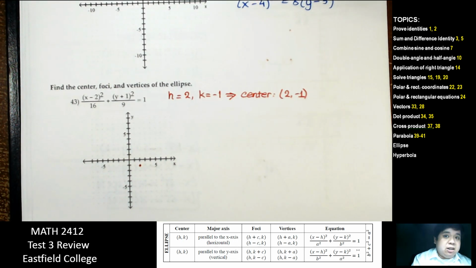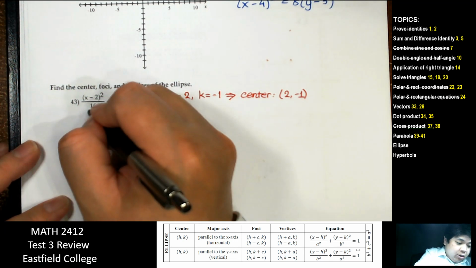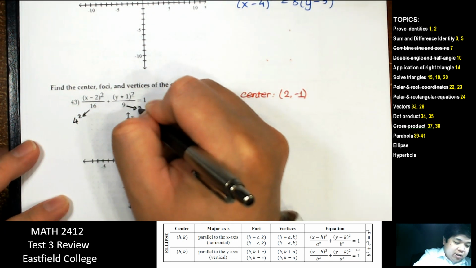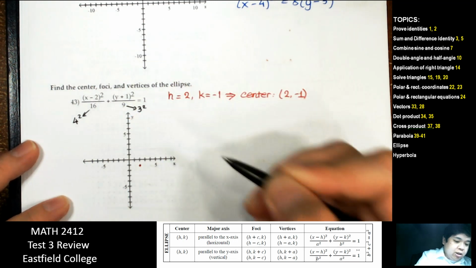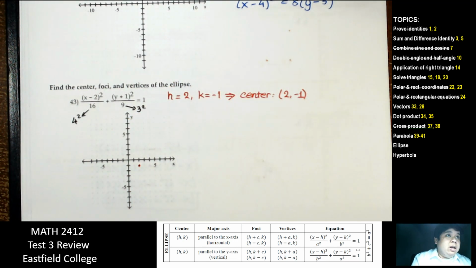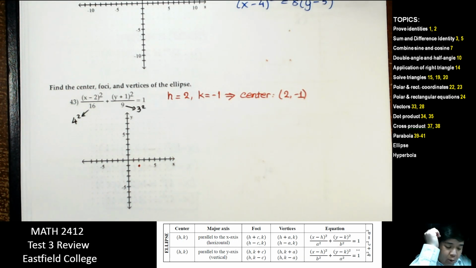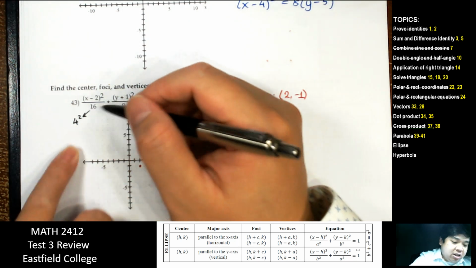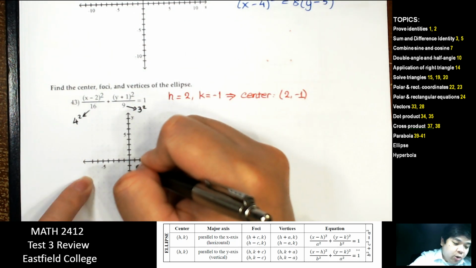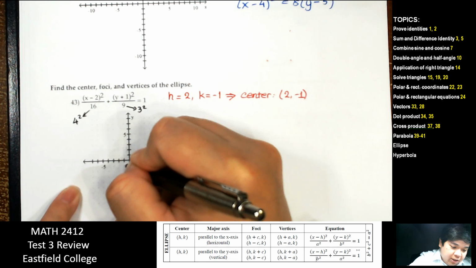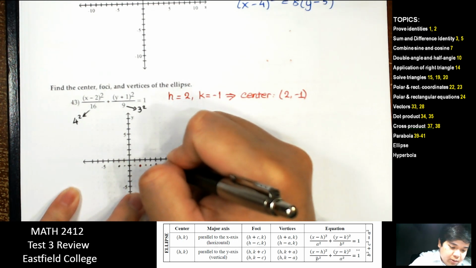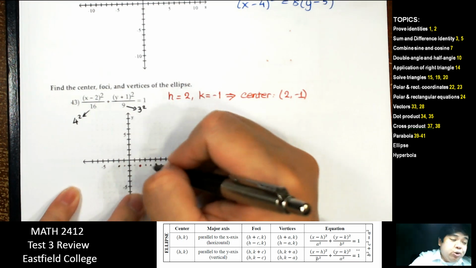Right. Next, we take the square root of this number and the square root of that number. It's pretty much 3 and 4. It doesn't matter which one is a and which one is b. What we need to know is that the 4 is below the x, meaning that from the center we go 4 units to the left and 4 units to the right.